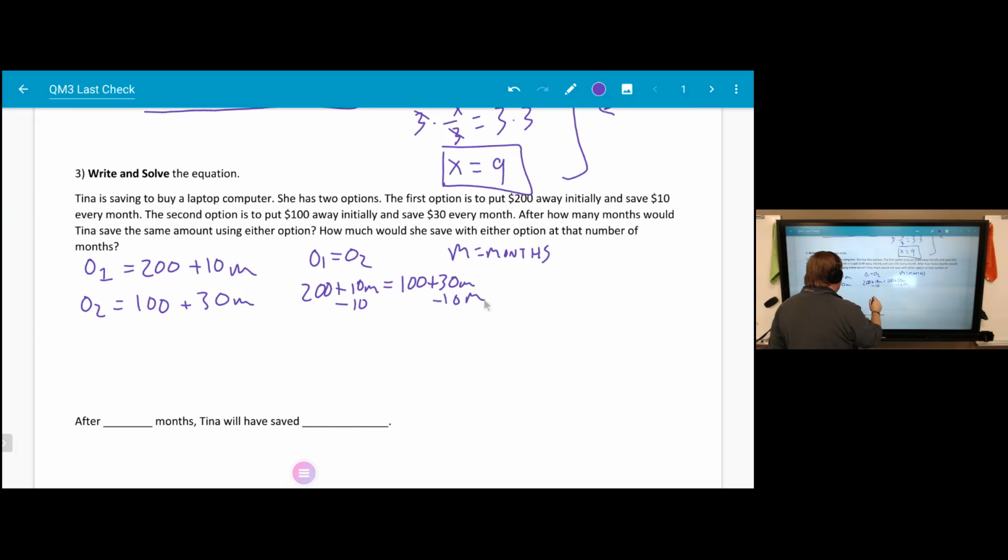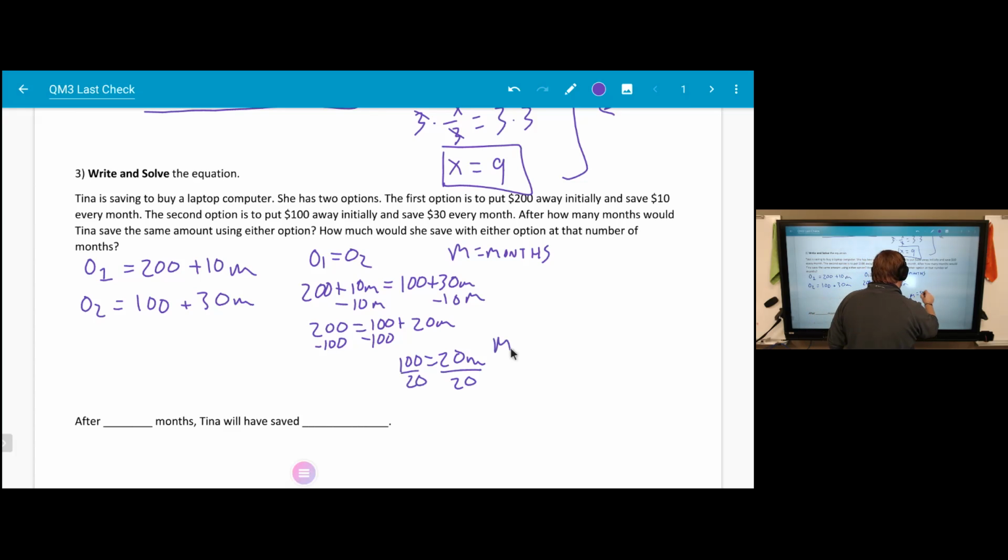So minus 10m, minus 10m. 200 equals 100 plus 20m. I subtract 100 from both sides, and I get 100 equals 20m. Well, I solve for m by dividing both sides by 20. And m equals 5. Yay, 5.